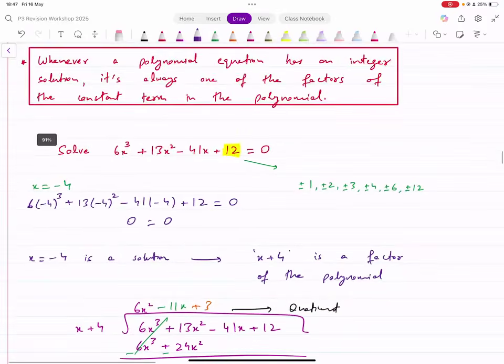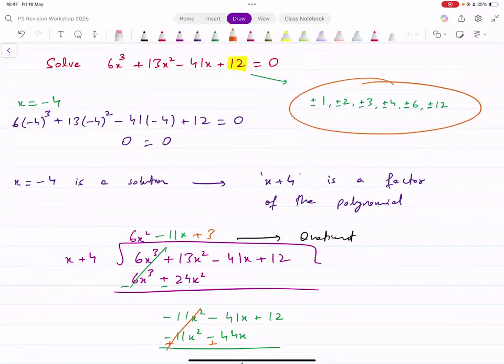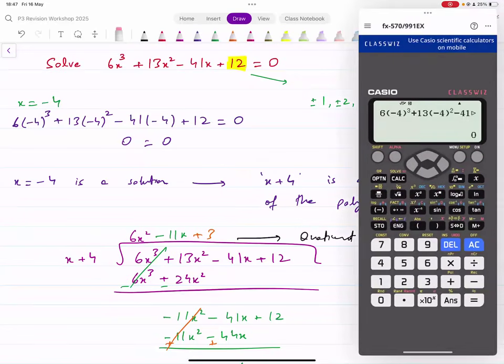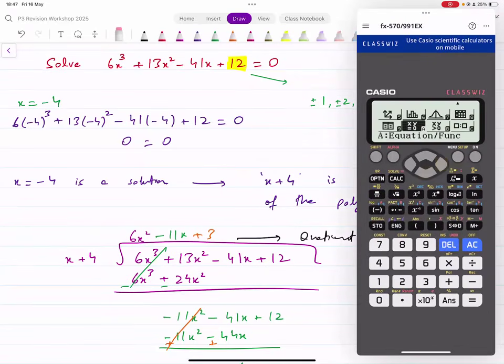Now, that's too many factors to check. In this case, that will take time. What you would do would be, you would go to the equation solving function on your calculator, polynomial, cubic. Just input that there, 6, 13, -41, and 12. You'll get solutions from this.